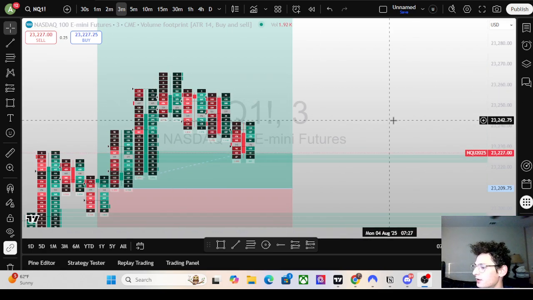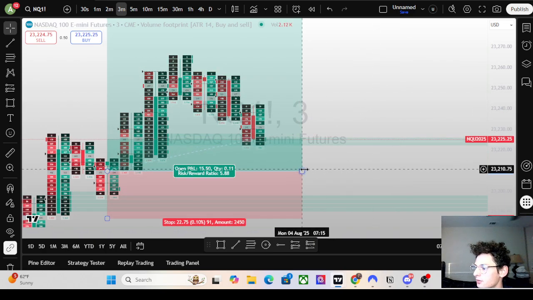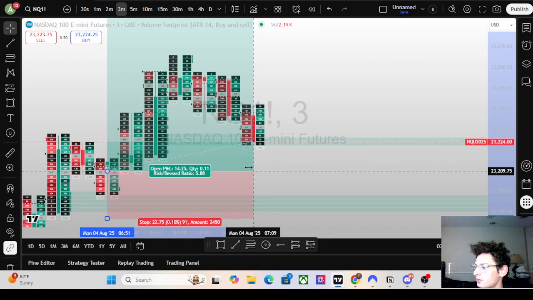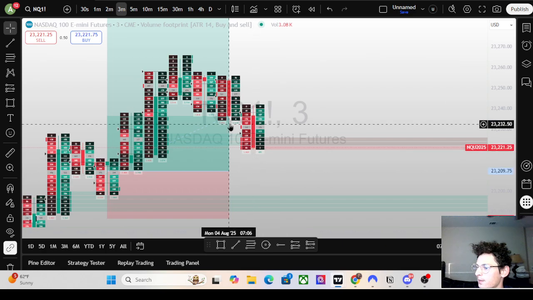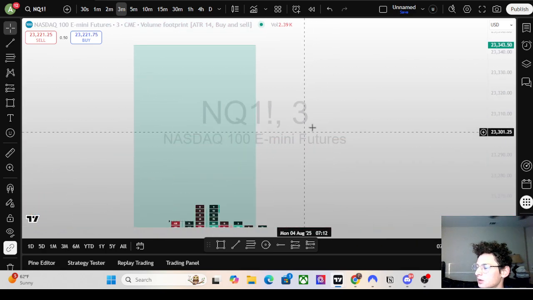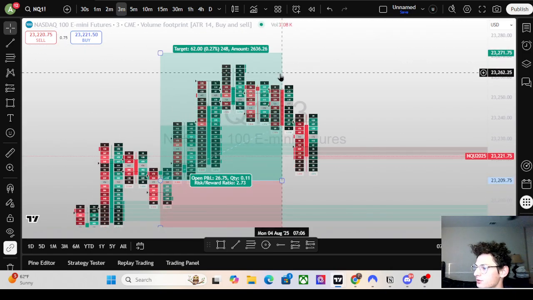Anyways, that is the end of the day. So we exited off of this candle right here. I think we exit off that candle. So we bring this monstrosity down.